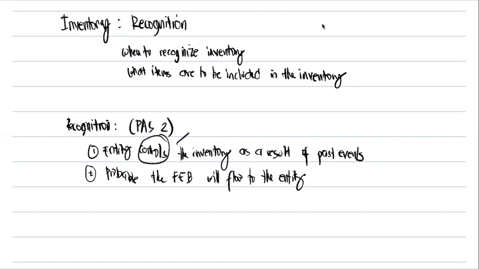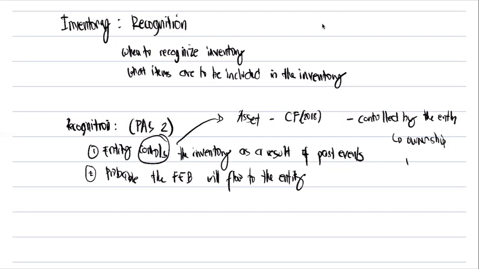Remember that the definition of an asset under the conceptual framework version 2018 provides that an asset must be controlled by the entity. Hence, ownership is immaterial so long as there is control.